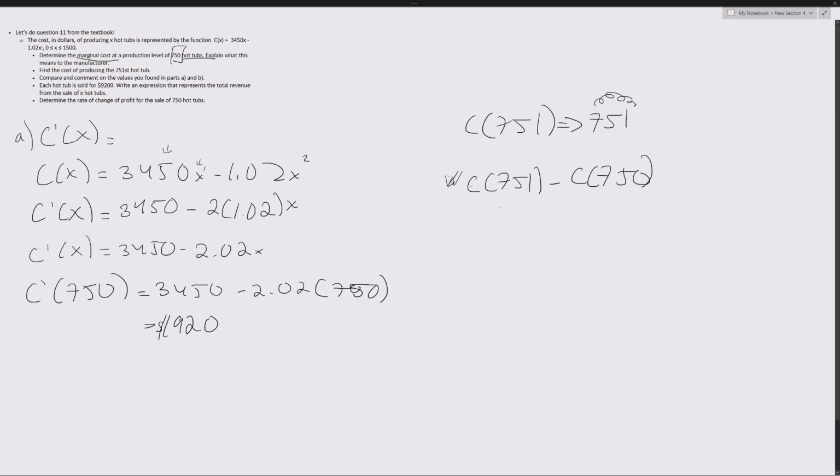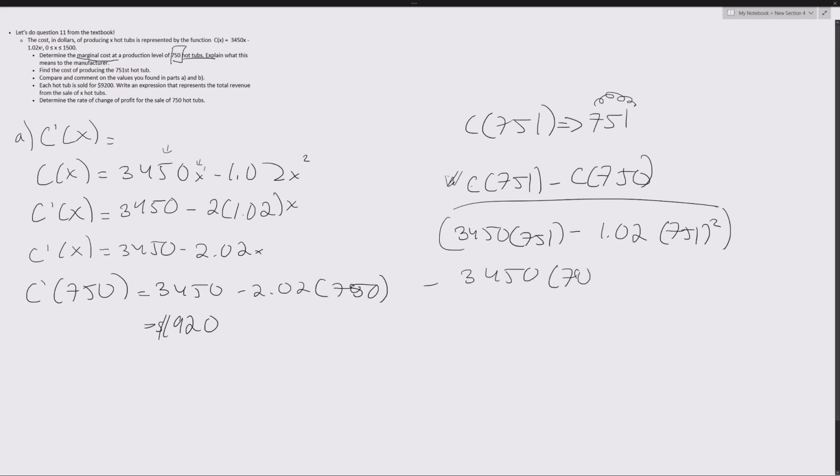So if we were to do that, we simply substitute everything into our equation here, right? So we would have 3,450 times 751 minus 0.2 times 751 to the power of 2. Then we would take this whole thing and subtract 3,450 times 750, and then again 0.2 times 750 squared.